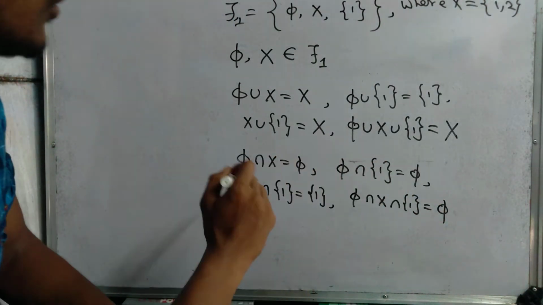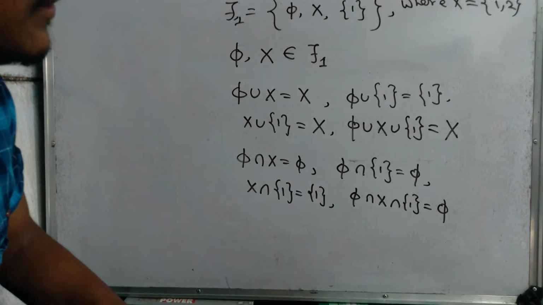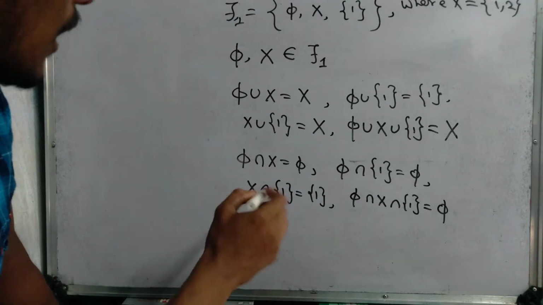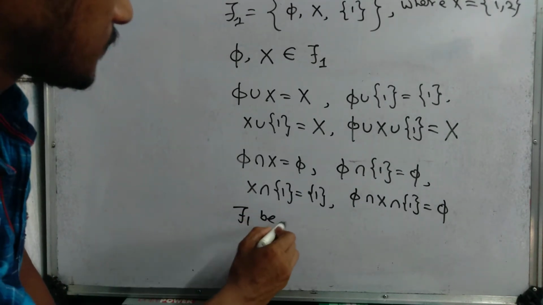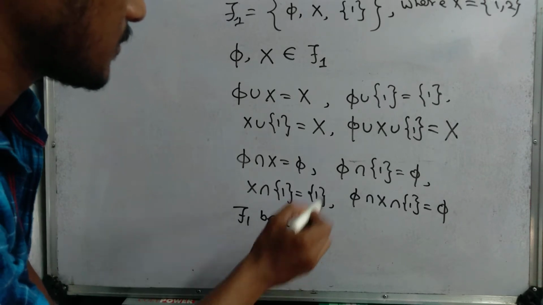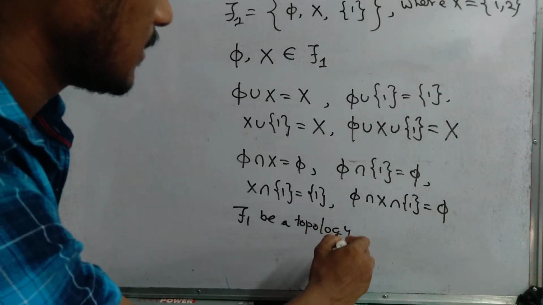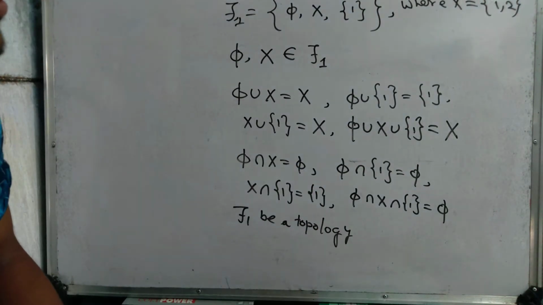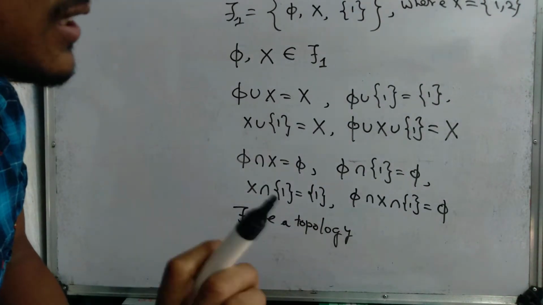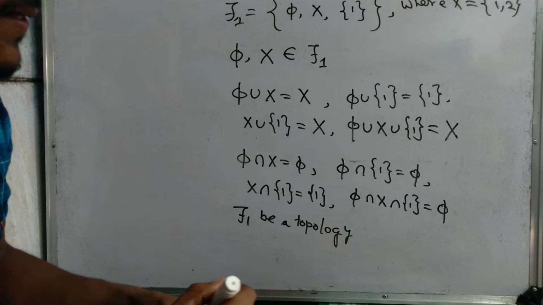All belong to this collection. So tau 1 is a topology, and (X, tau 1) is a topological space.